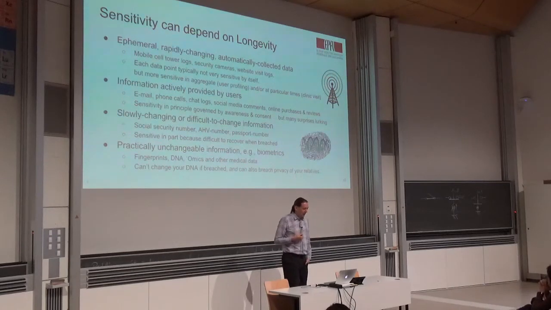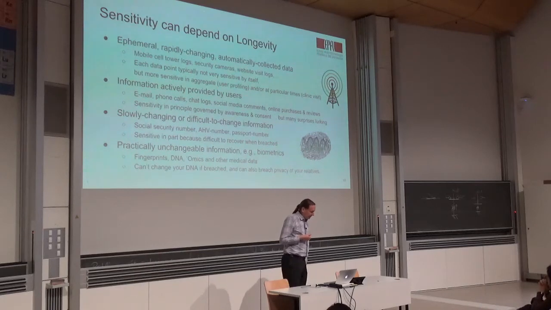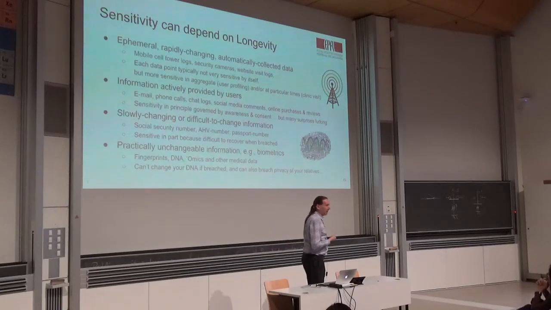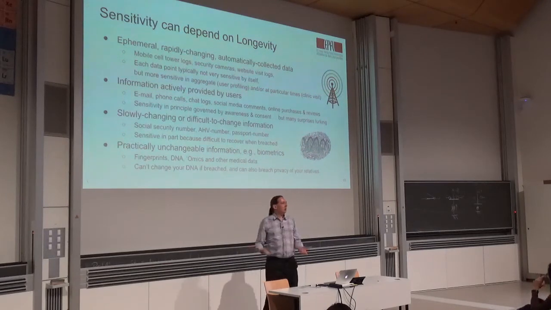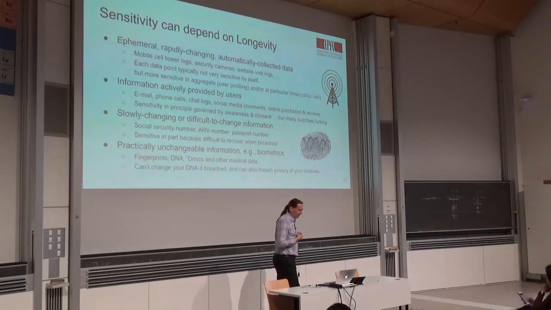So some types of information are very ephemeral, like the cell tower logs that cell phone and internet companies keep as to who's connected where at what point. That's very short-term information.